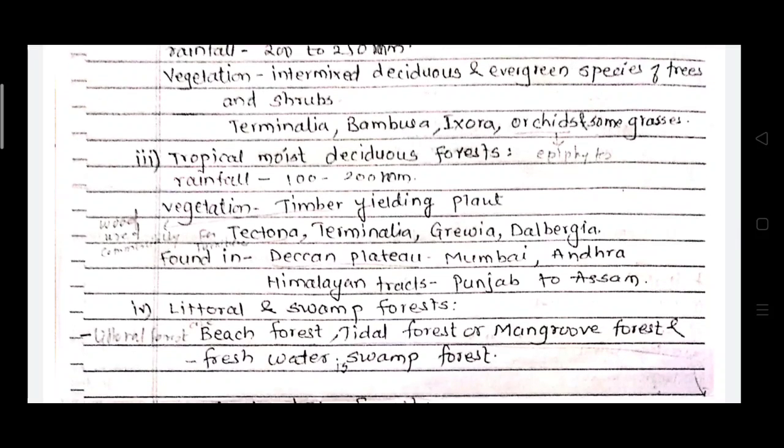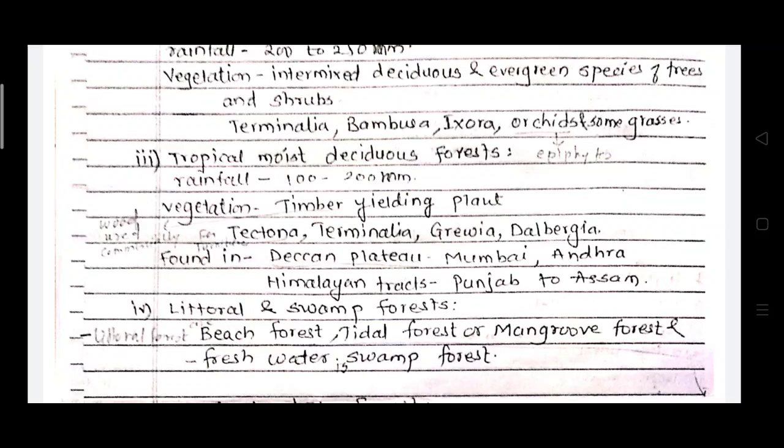Then the third subtype is the tropical moist deciduous forest. In that, the rainfall is about 100 to 200 millimeters, and the vegetation is mostly timber-yielding plants. Timber means woody plants, for example Tectona, Terminalia, Grewia, Dalbergia.